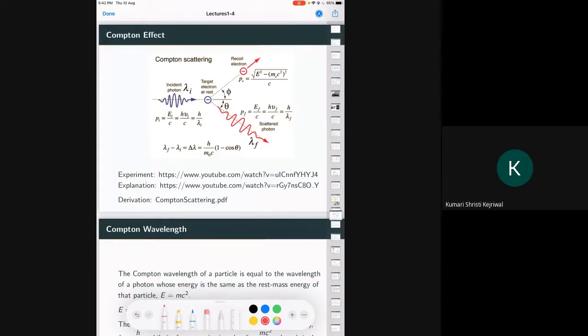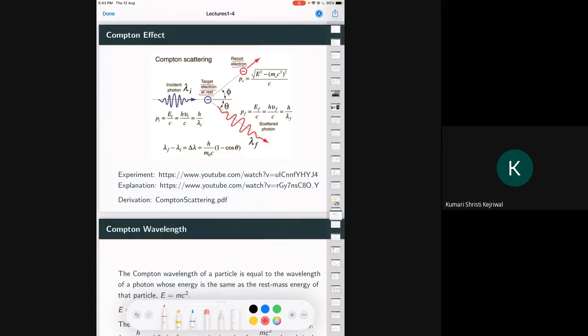So there is a target electron at rest. Ideally, in an experiment, it would not be a single electron sitting somewhere, but that is how it behaves. It's a really loosely bound electron. You have light incident on it, and then the electron gets deflected. This is the recoil electron.